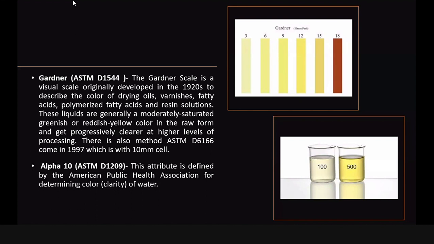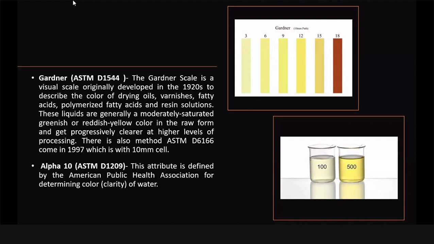It was developed in 1920, and at that time it defined small x, small y chromaticity values, and based on that it defined the 1 to 18 color index, you can say color scale. It will tell us that this color solution has a Gardner scale value of 5 or 8 or 18, and based on that we decide whether it is good for our use or for this particular process or not.